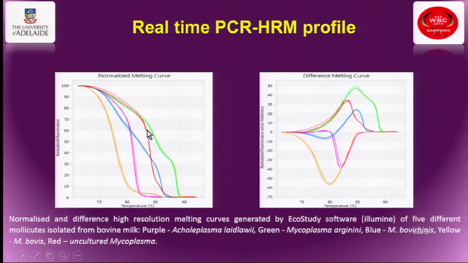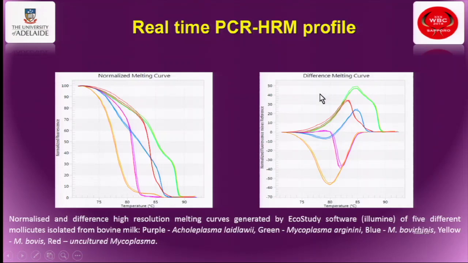For these, as I said, we used ATCC strains as positive controls in addition to sequencing. This software can also generate, as you can see, difference melting curves, and it can also generate digital values.